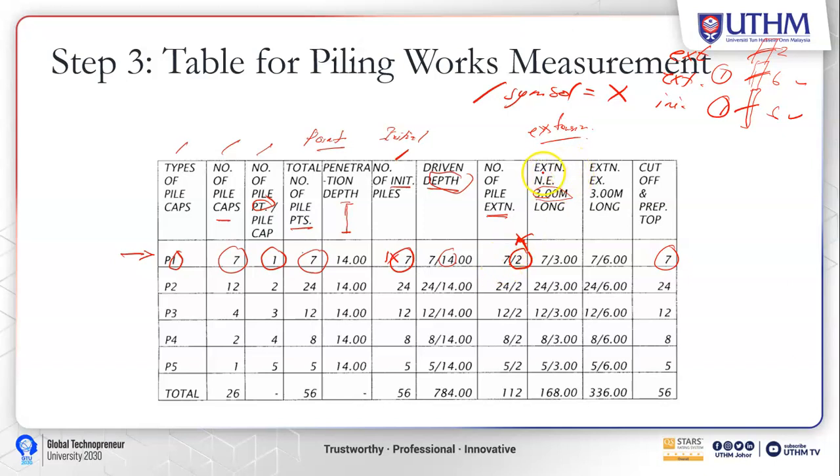And then extension not exceeding 3 meter long. Not exceeding means the length or the depth is not more than 3 meter. We have 1 here. So basically, we only need 2 more meter to complete the 14 meter depth.